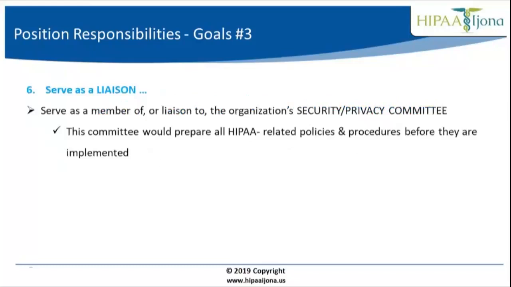The first thing you need to do, if you're in this position and you don't already have it, is form a security and privacy committee. And this committee needs to be made up of other department heads and yourself, maybe even high-end staff people. Okay. Because here's what's going to happen: you're going to write all the policies and procedures. That's your job.